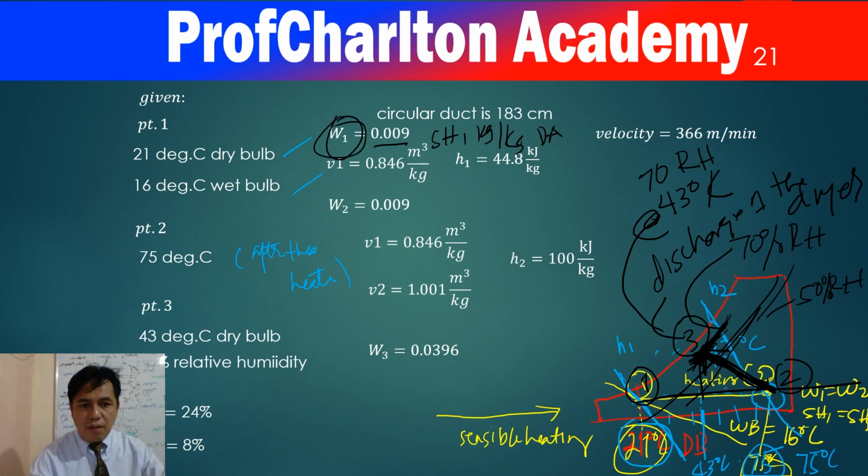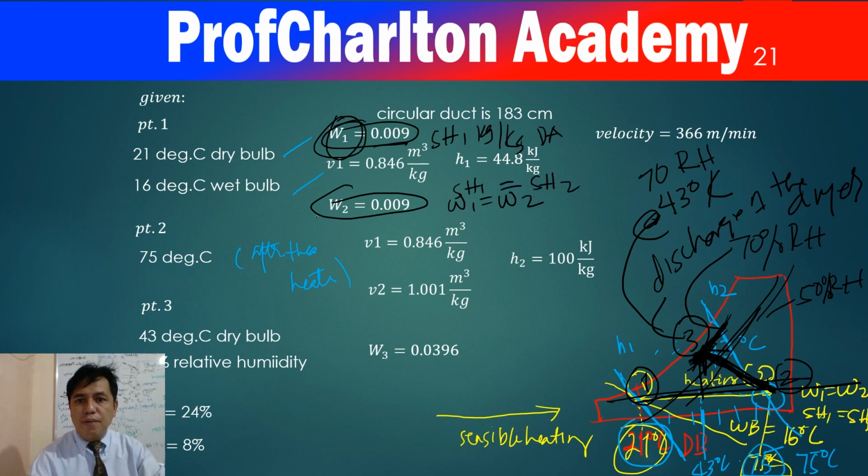So W1 from here is also W2, same. So W1 is W2, like this, right? As you can see, this one and this one is the same, no? Because W1 is W2, or specific humidity 1 equals specific humidity 2.